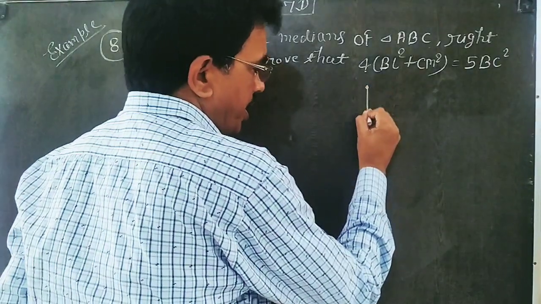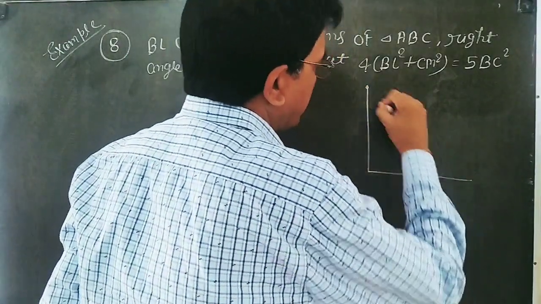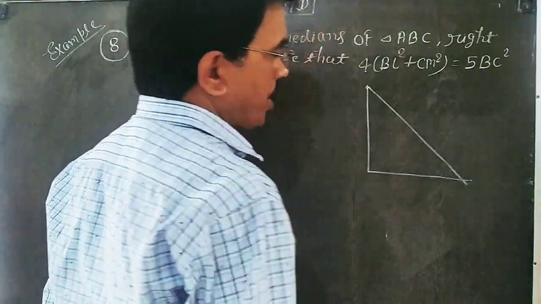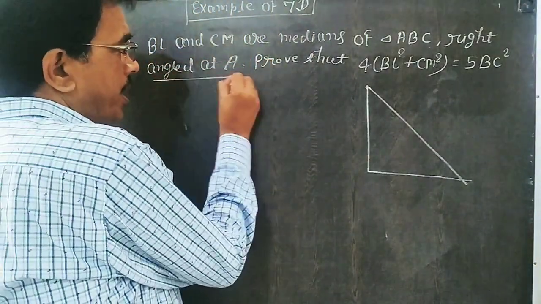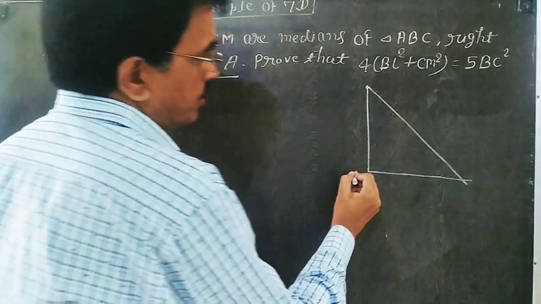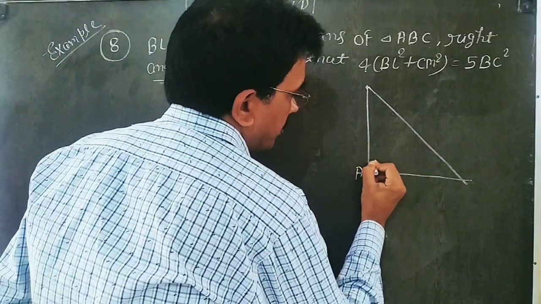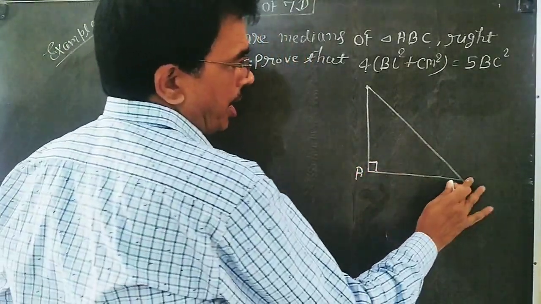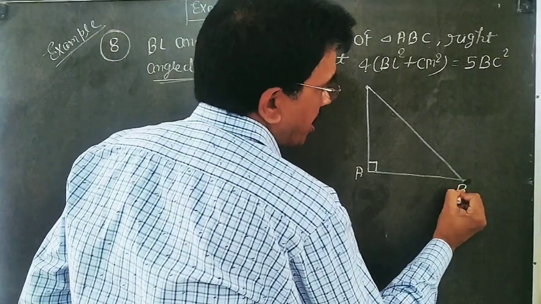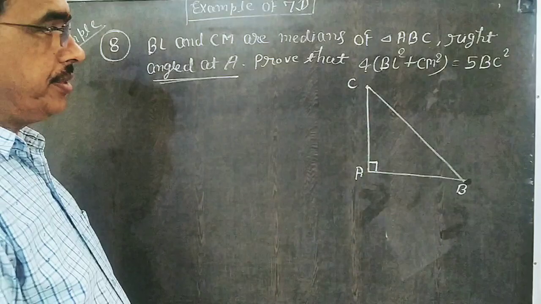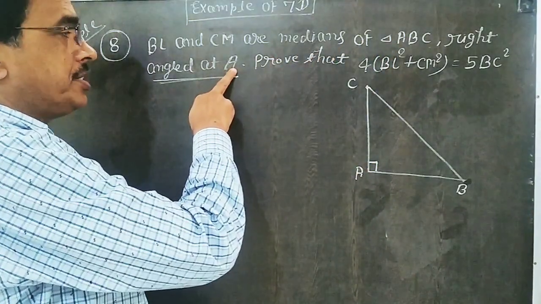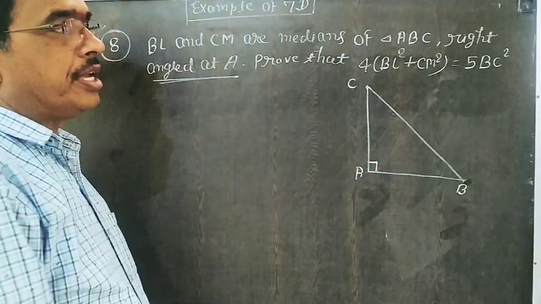In your question it is given that the triangle is a right angle triangle, right angled at A. The other vertices are B and C because the triangle is ABC. So I write A is right angle.